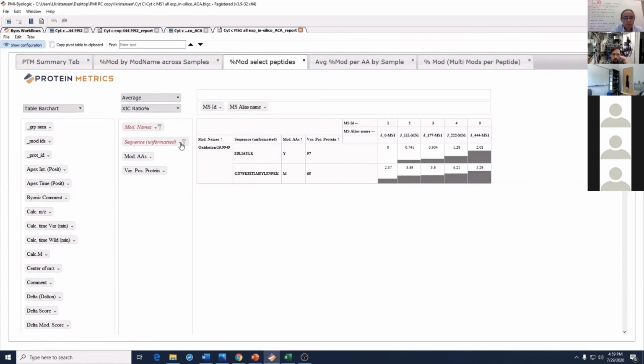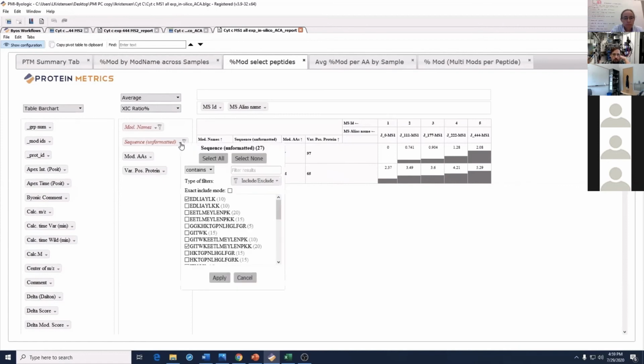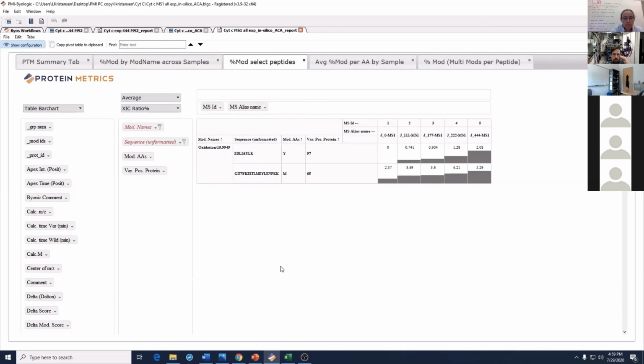So what I did here, I brought in the sequence and I selected for the 2 peptides that I'm interested in. And that's how I was able to narrow it down just to these 2 modifications. And so the data we have here is the percent modification for various exposure times for just these 2 modifications.